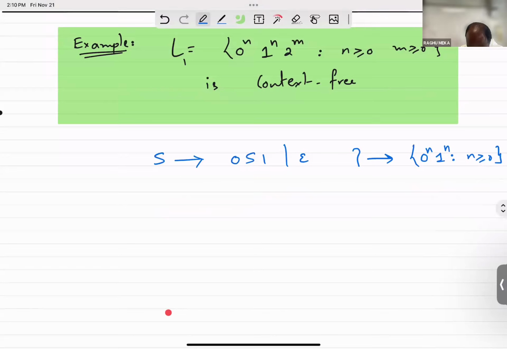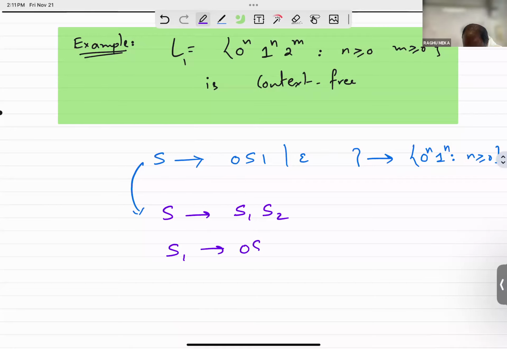So I'm just going to modify this to say something like S goes to 0 S 1. Okay, so let me do it this way. That's it, right?